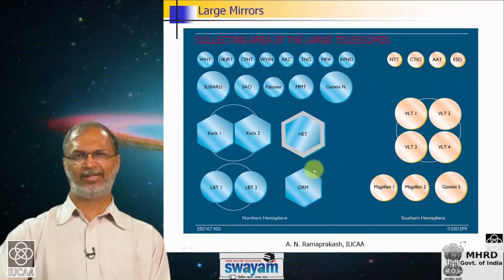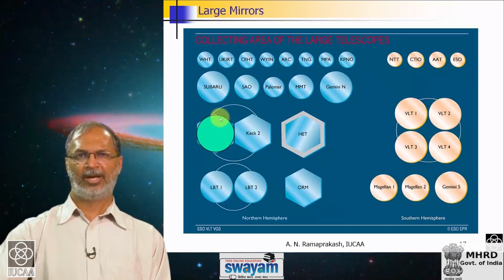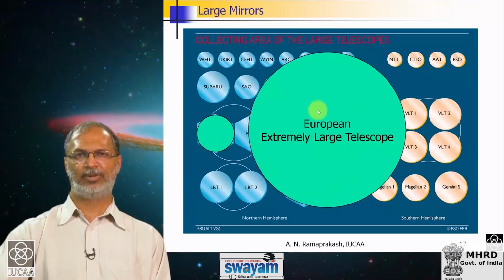So, if I take one of those telescopes like the Keck telescope and put a circle there to indicate its size, and take the European Extremely Large Telescope, which is 39 meters in diameter, you can see the jump in the light collecting ability of this telescope.